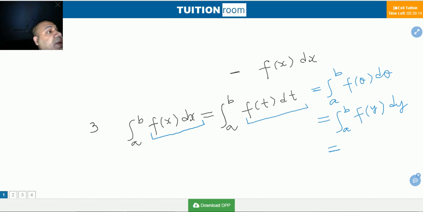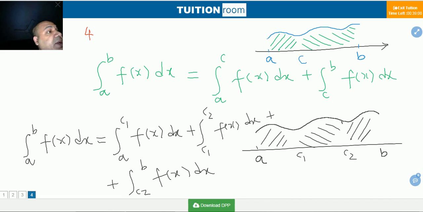If the limits are provided in the integral, we can change the variable of integration, whether f(x) dx, f(t) dt, or f(theta) d theta, whatever we like. And finally, the fourth property: the whole area can be broken into multiple areas. Instead of finding it in a single step, we can find it in broken steps.